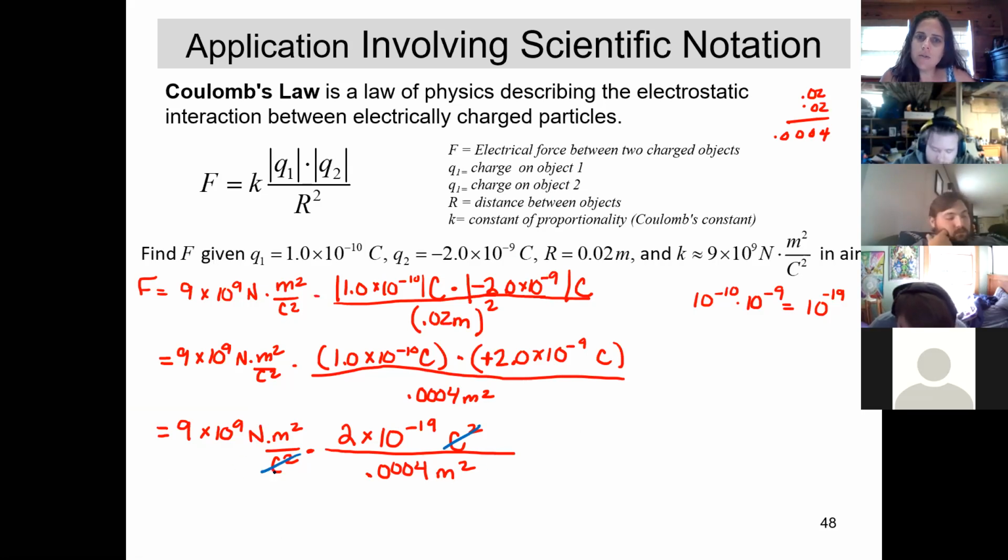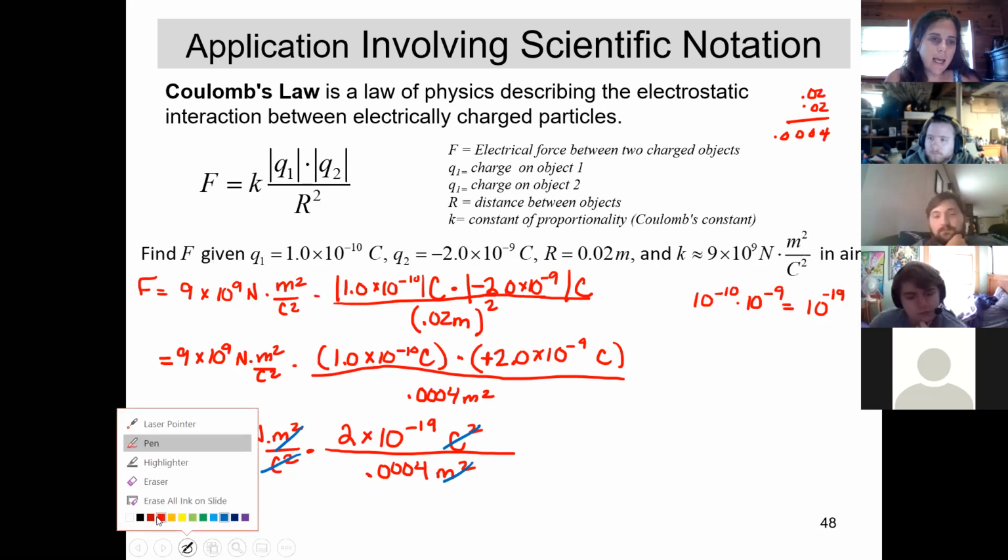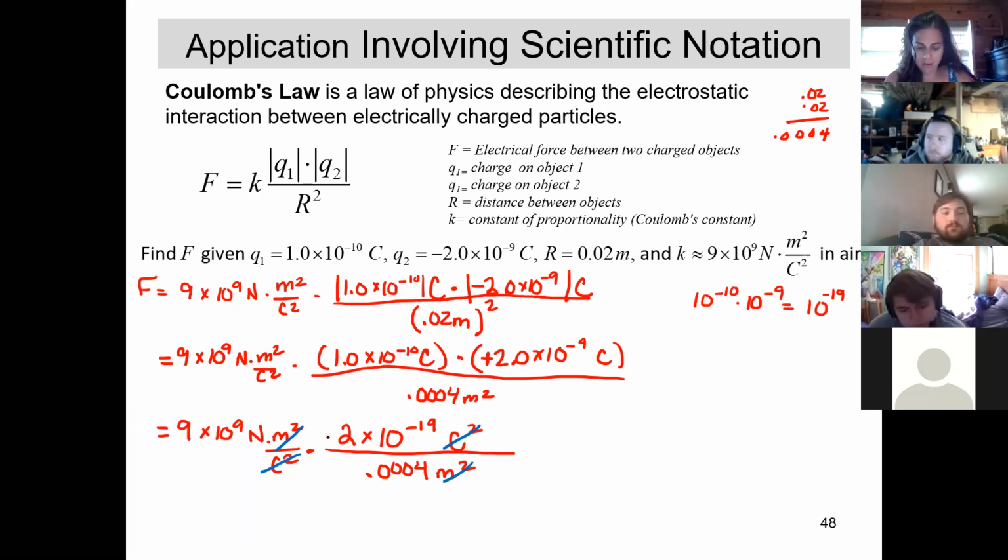We can do the same thing with the meter squared. There's a meter squared in the numerator and a meter squared in the denominator, and I'm multiplying these together so I can cancel those. So my final answer, the units are going to be in newtons. It's the only unit that I wasn't able to cancel. So I'll wait to put the N in the final answer, okay?